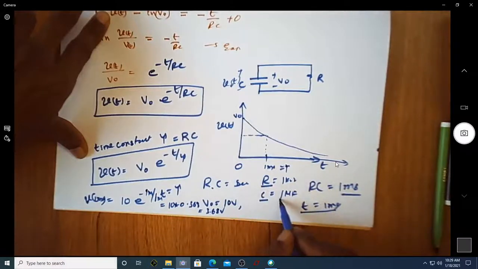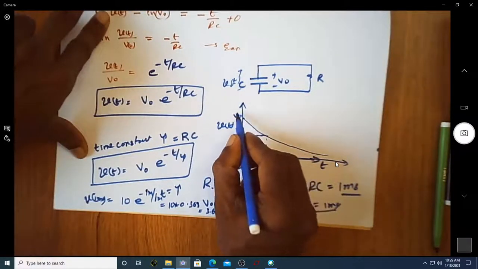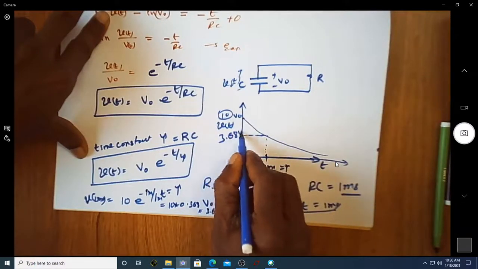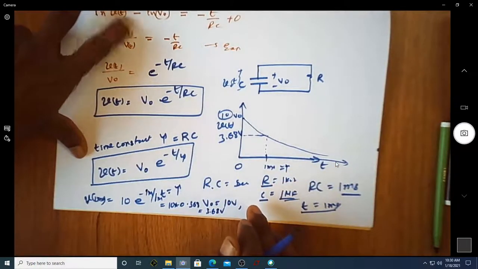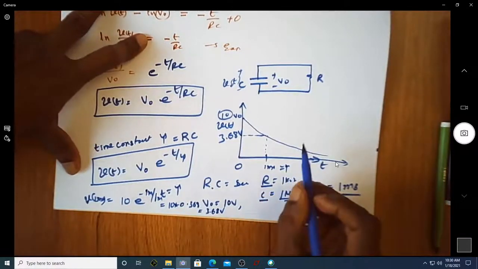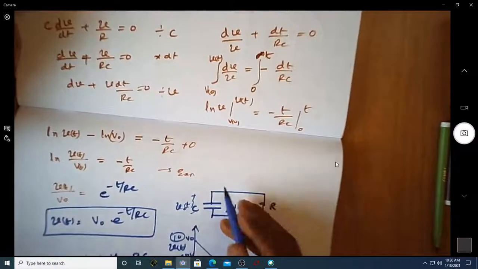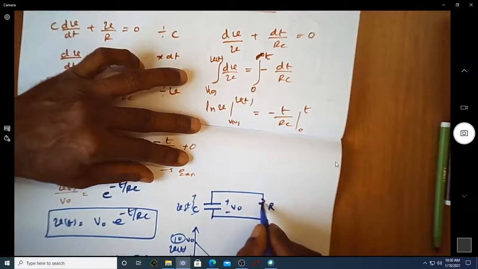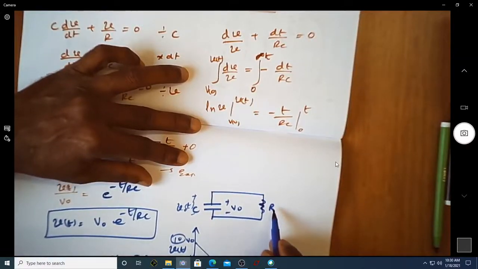For this specific example, the voltage which was there at 10 volt reduces to 3.68 volt. Likewise, we can find out the capacitor voltage available across this capacitor as time elapses if it is connected to a resistor of value R.